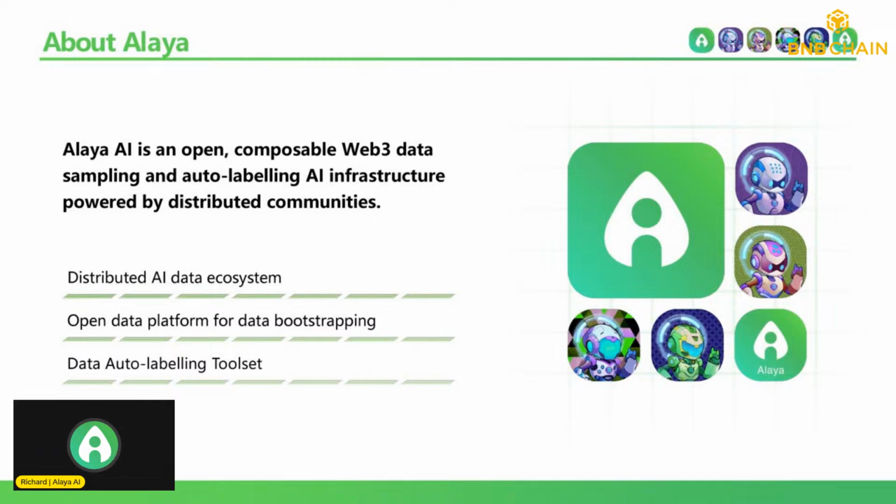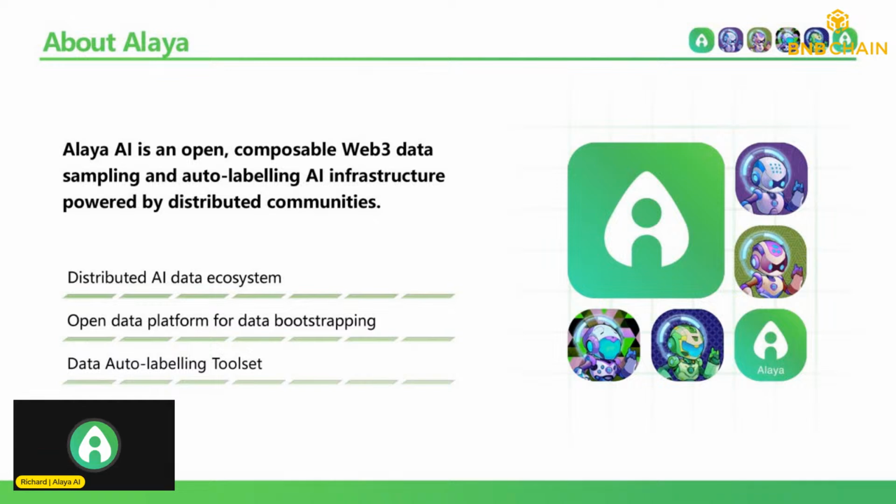So we have three main modules: a distributed AI data ecosystem, where enterprise data services meet decentralized Web 3 data contributor communities; an open data platform designed to support a vibrant tokenized data economy for early stage small medium AI developers through customizable datasets bootstrapping.